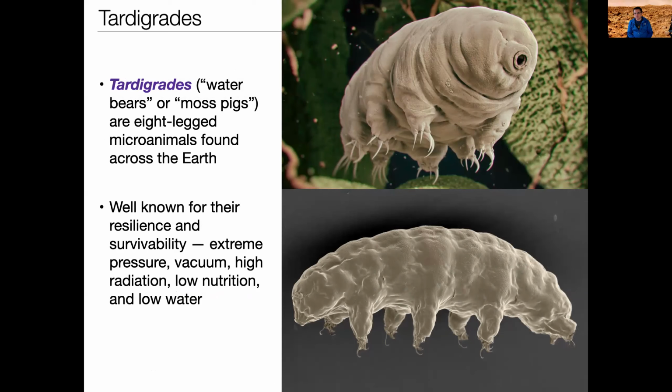The reason they're so famous is because they are life forms that are really, really resilient against constant changes in their environment. They can survive extreme pressure, they can survive in the vacuum of space, they can survive high radiation environments, they can go through long periods of time without food and water. They're very, very resilient against changes in their environment, which is a survivability trait.